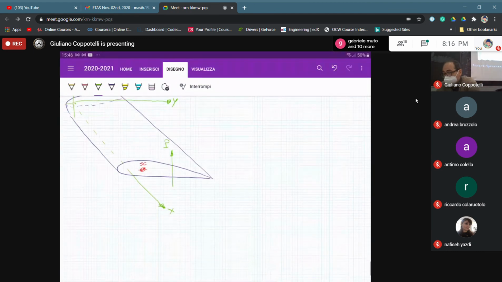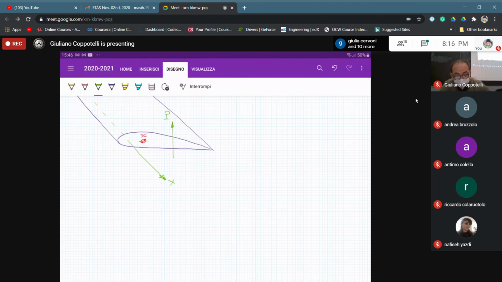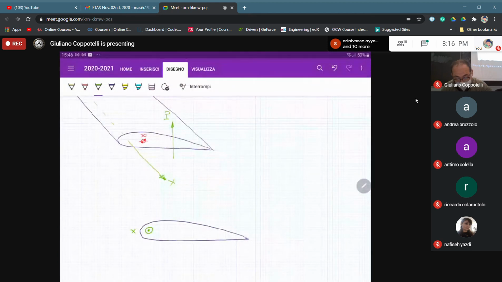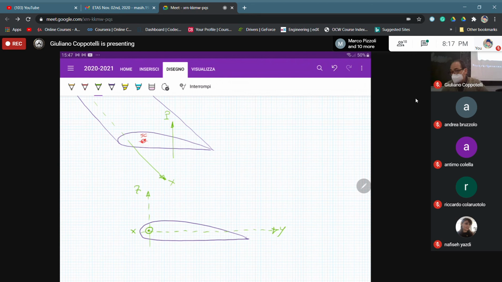So if we enter into details of this section, just focusing on the section itself, like this, for example, we have the arrow that is representative of the x-axis. Then we have the y-axis somewhere there, the z-axis. Then we have the shear center somewhere here.